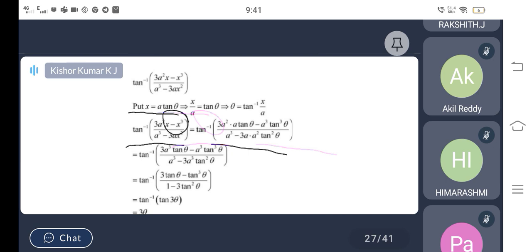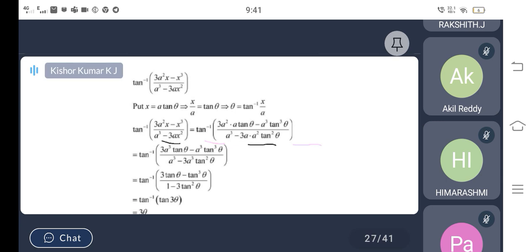If x is equals to a tan theta, x cube is a tan theta whole cube, that becomes a cube into tan cube theta. By the denominator, a cube minus 3a into a square tan square theta. 3a into x square, so x square is nothing but a square tan square theta.